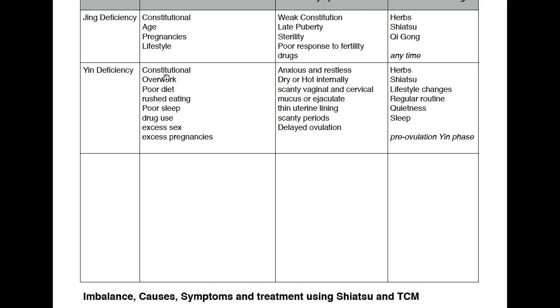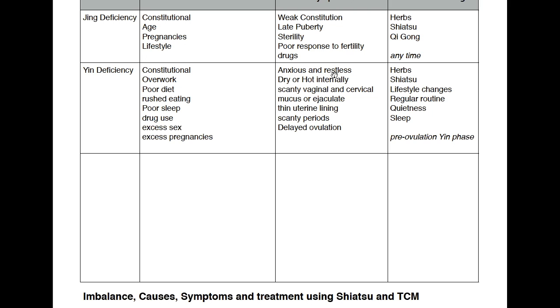Really what you're looking for is for them to moderate their work, improve their diet, and particularly eat in a relaxed way because you need the nourishing aspect of the yin, improve their sleeping, reduce drug use, moderate sexual activity, especially in the winter. And obviously you can't really do much about excess pregnancies, but they're the kind of things that you should be advising your clients to do.